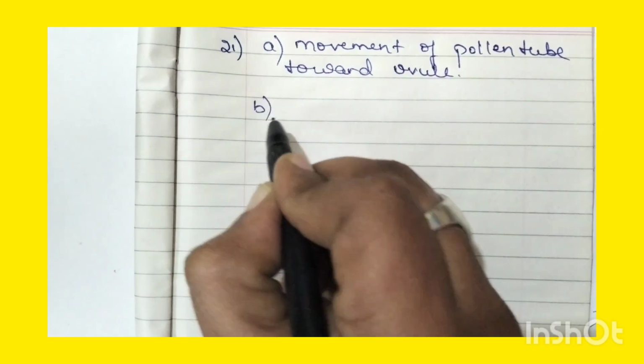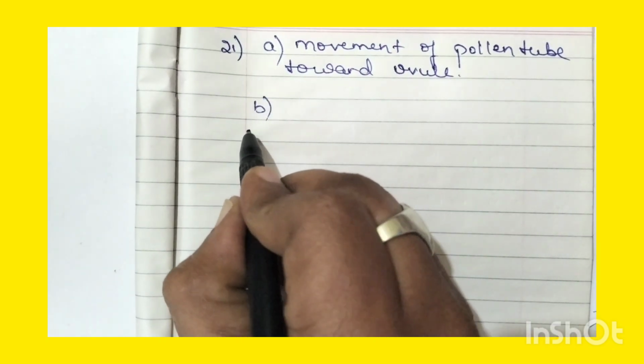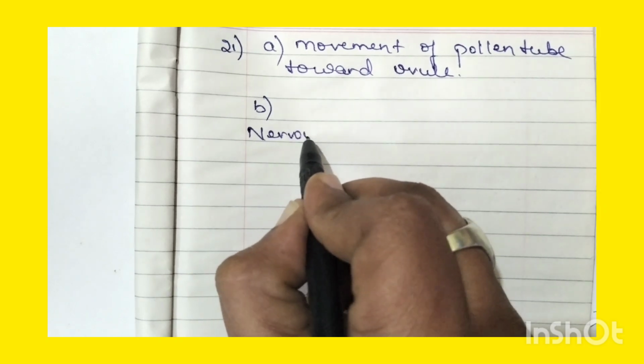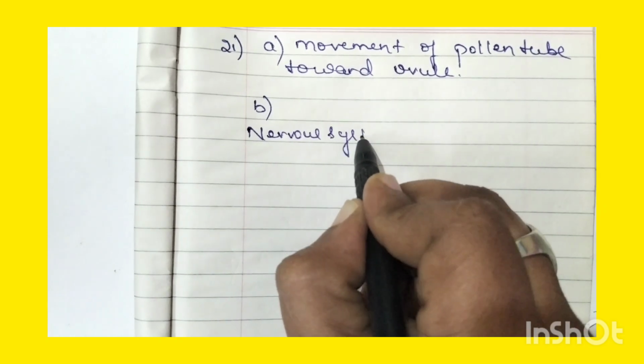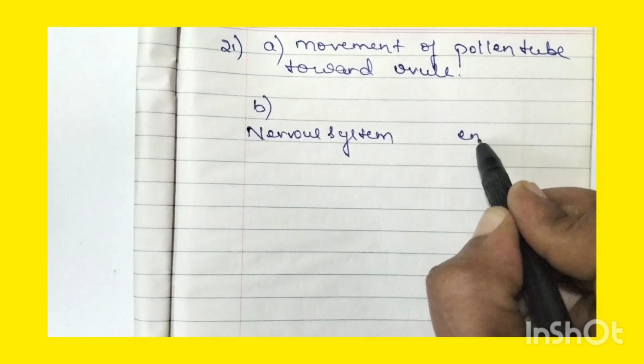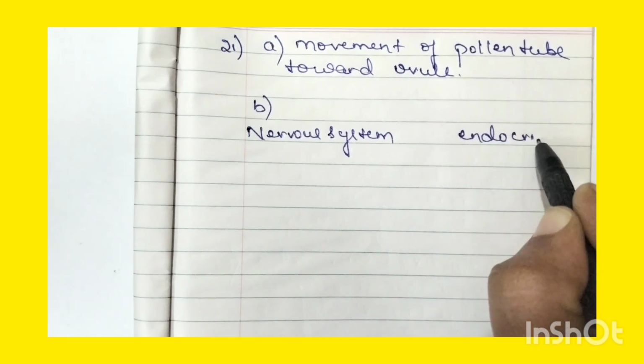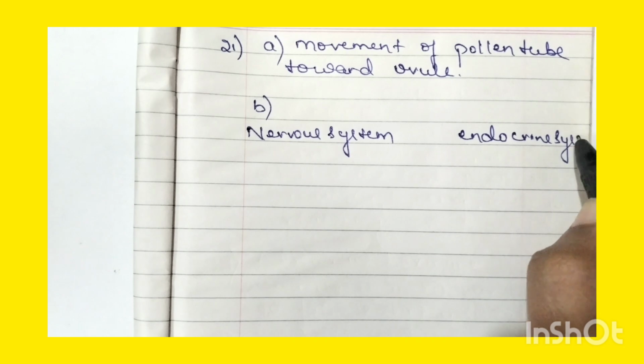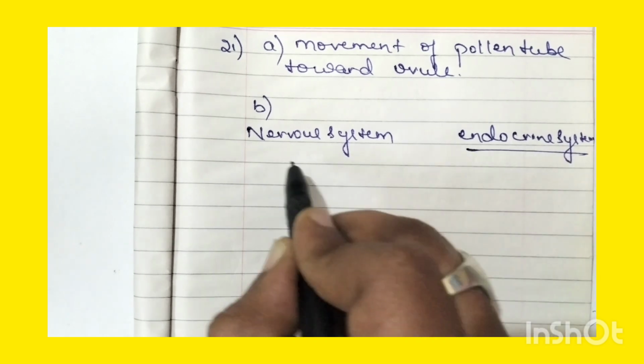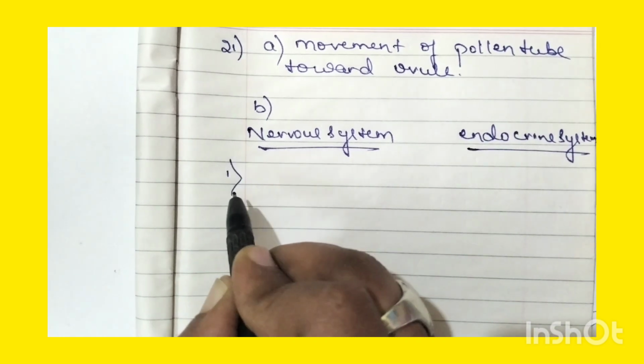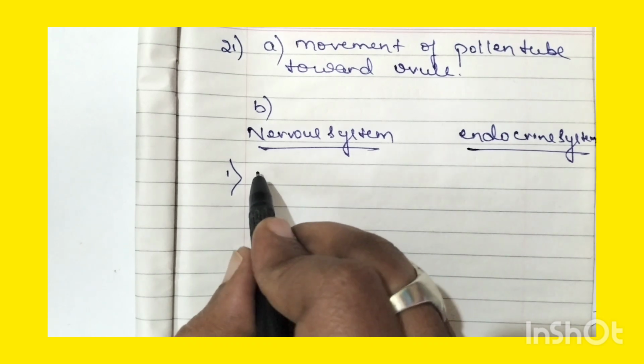Then coming to the second question, let us differentiate between nervous system and endocrine system.